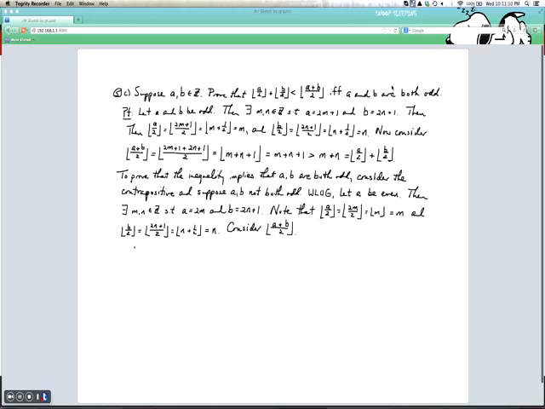So let's consider the floor of A plus B over 2. Now this is just direct substitution, 2m, and then B is 2n plus 1. We're dividing by 2. So 2m divided by 2 is m, 2n divided by 2 is n, and then plus a half.